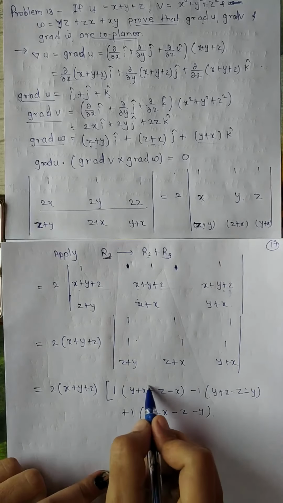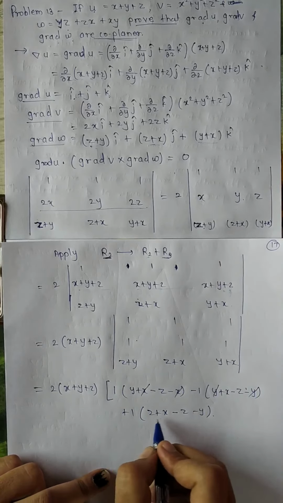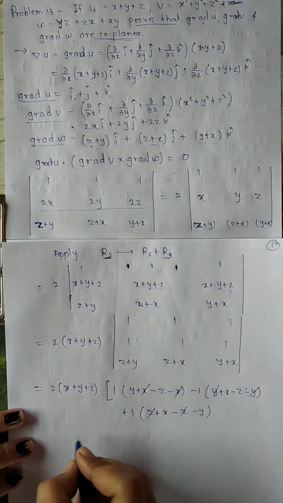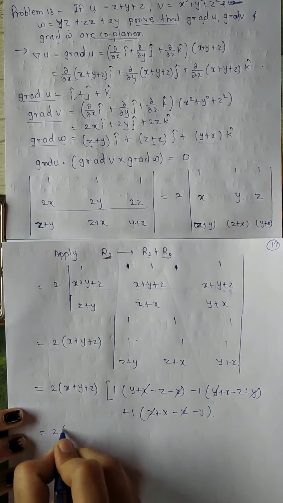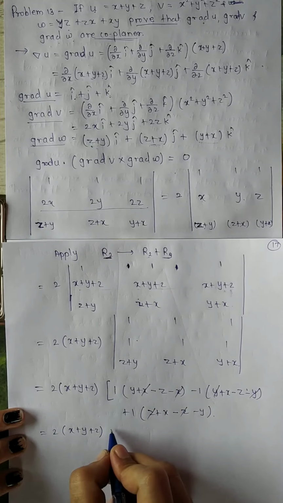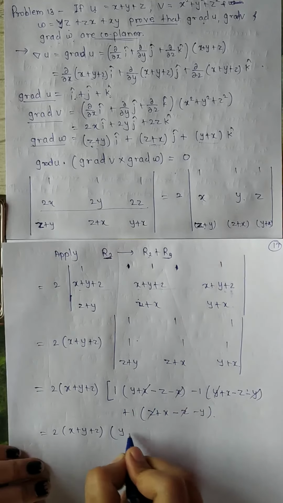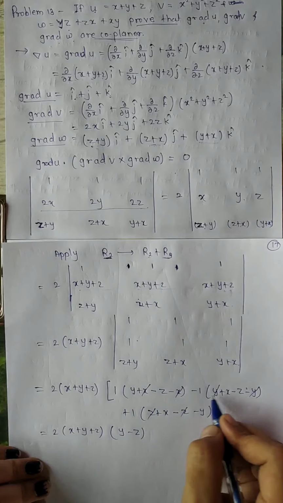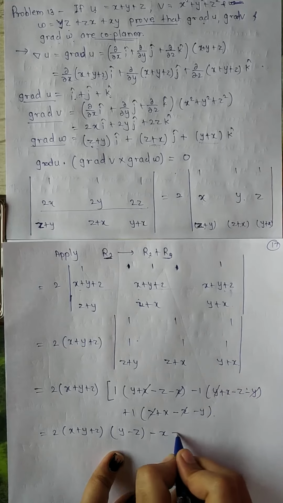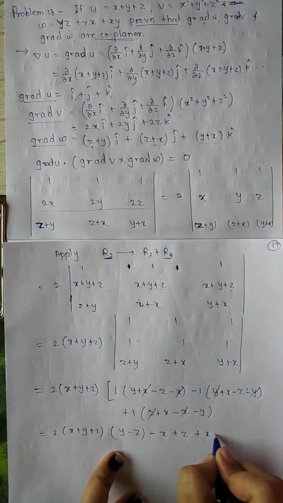Here minus x cancels, minus y cancels, and here minus z gets cancelled, and what is remaining? 2 into x plus y plus z. Here in the bracket what is remaining? y minus z. Here minus x and plus z, and here what is remaining? Plus x minus y.